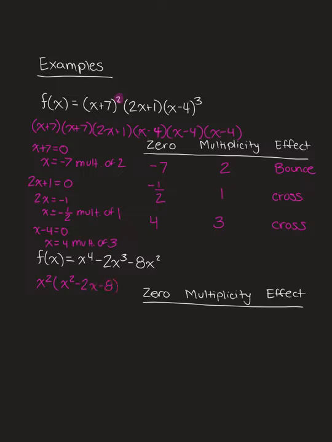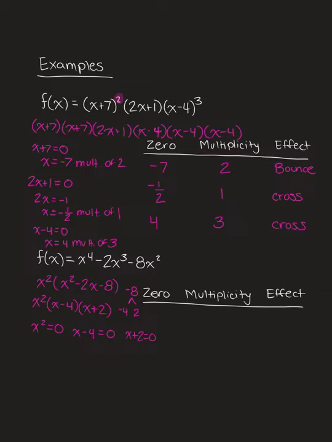Now I can factor this part of my polynomial: two numbers that will multiply to −8 but add to −2, and that would be −4 and +2. So my factored form is x²(x − 4)(x + 2). If I set each factor equal to 0, I will have x² = 0, x − 4 = 0, and x + 2 = 0.